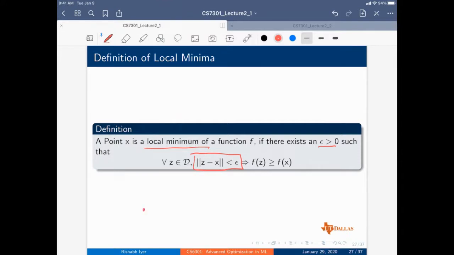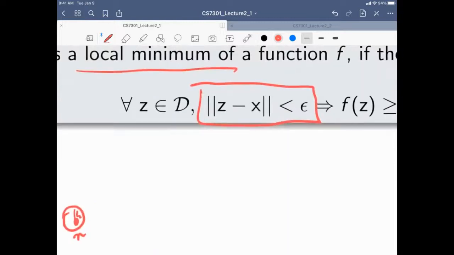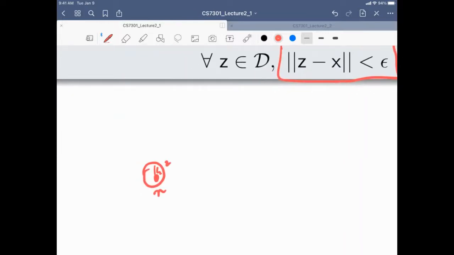What this means is that you take a point x, you take a small local neighborhood of epsilon, and you take any z in this neighborhood. Then f of z in this neighborhood will be greater than or equal to f of x. Imagine you have a function that goes something like this.